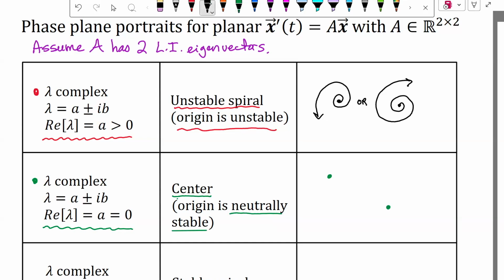In the case where the eigenvalue pairs are complex, but the real part is 0, we then have a center, and the origin is neutrally stable. As before, our path trajectory may be moving clockwise or it may be moving counterclockwise. Again, we can use the theorem or the differential equation direction field to figure out the orientation of motion.